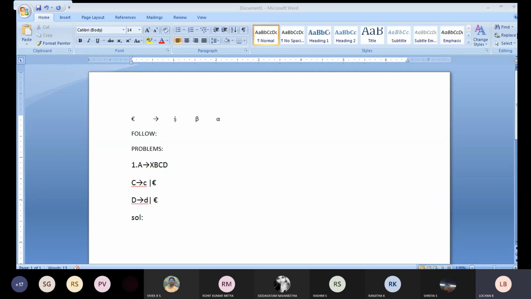Whenever we solve the follow problems, yesterday itself I told you that you will be getting three important steps. Which are the three important steps?